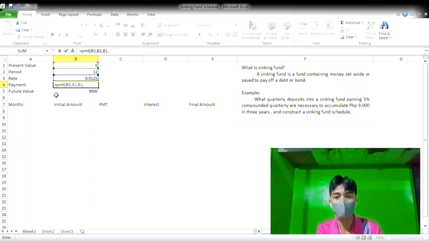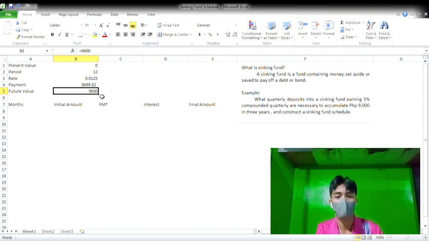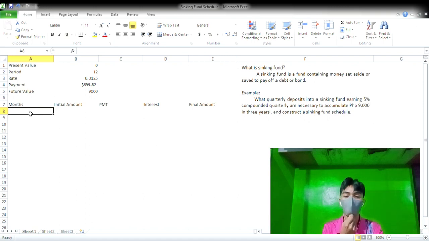Let us put a negative sign in the future value, then comma 0, then close parenthesis. So our regular payment is 699.82.